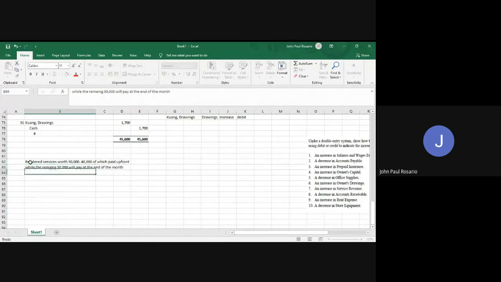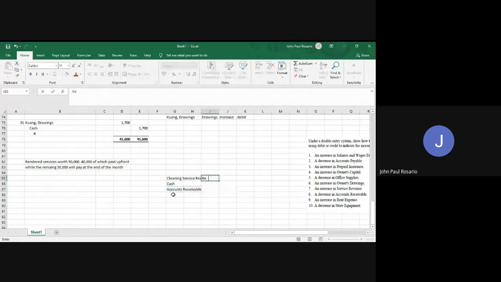Okay, so the business is cleaning, so service revenue, since you rendered service. Then the 40,000 was paid directly, meaning cash received. But the 50,000 is owed, so accounts receivable.